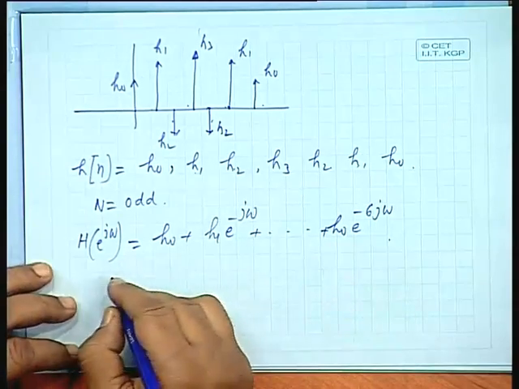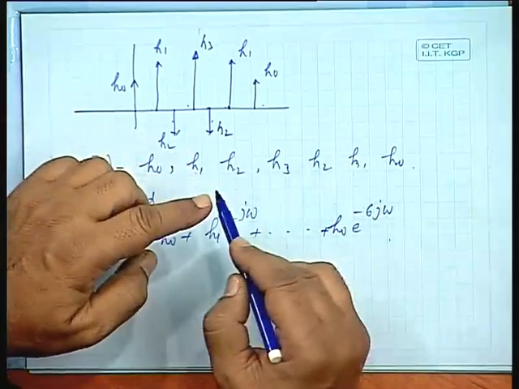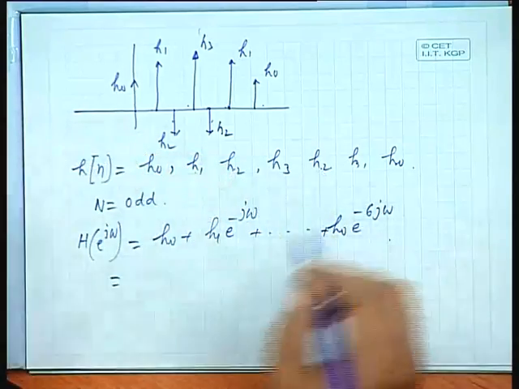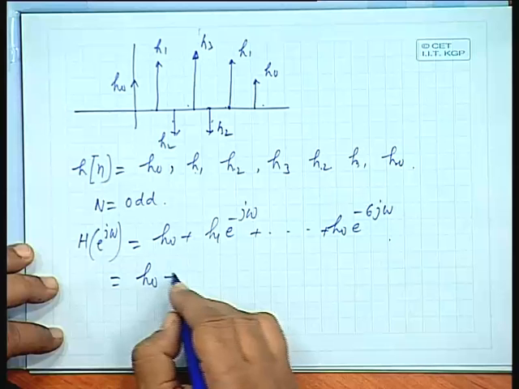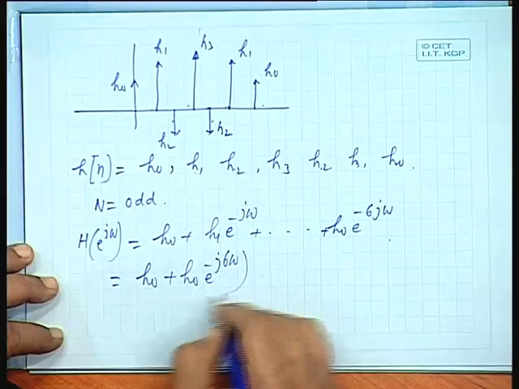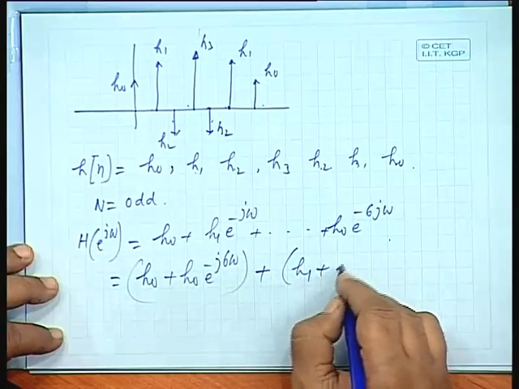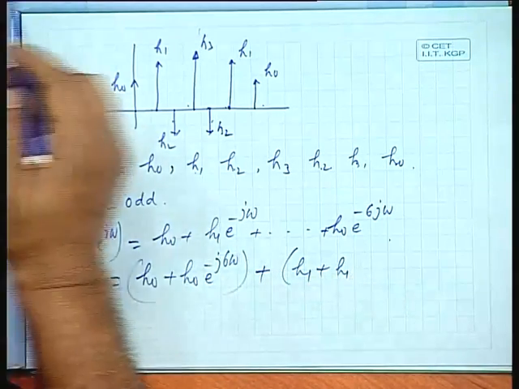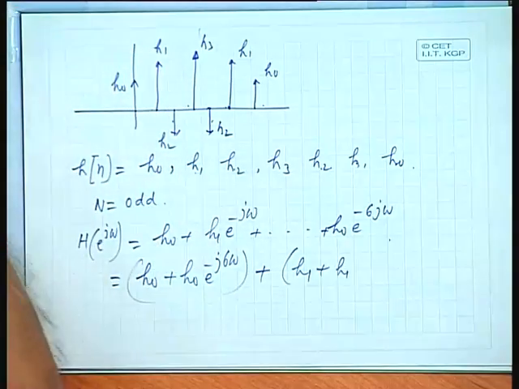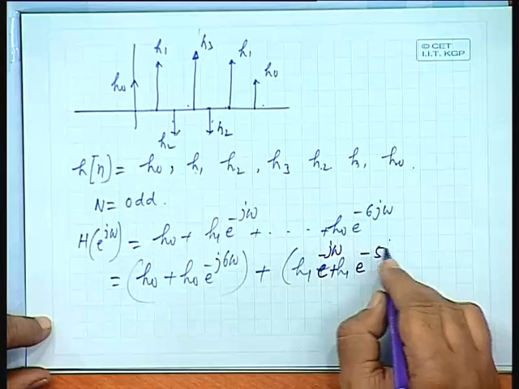Is that all right? Now, I can pair these two terms, write them together, put them under the same bracket, plus h1 into e to the power minus j omega plus h1 into e to the power minus j 5 omega.